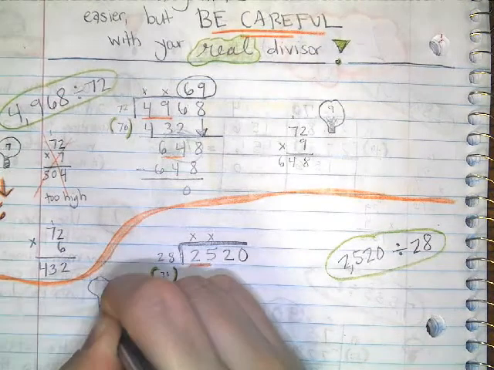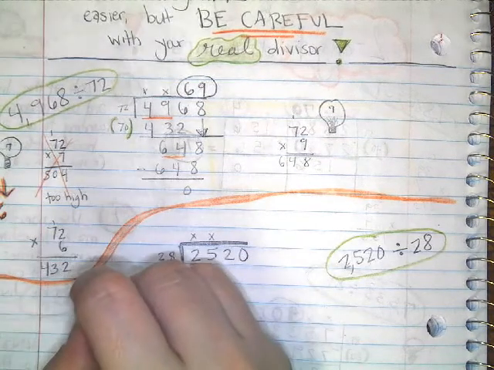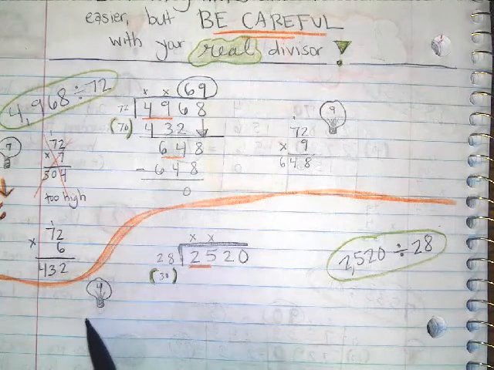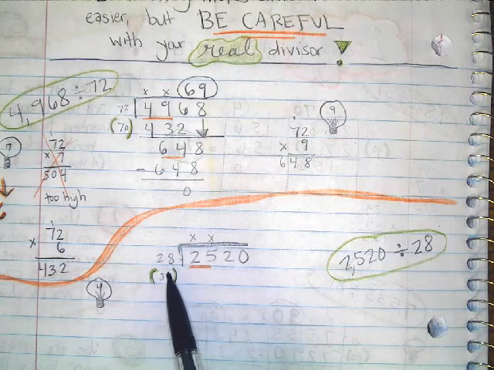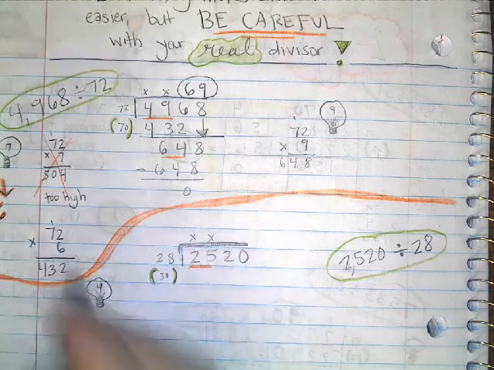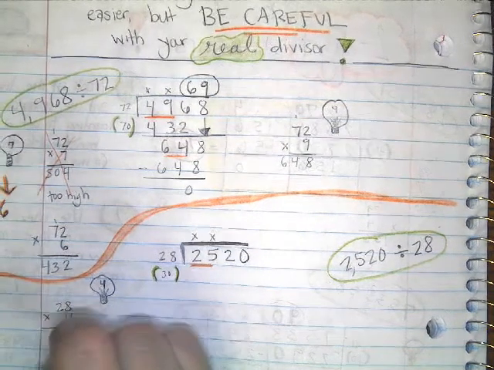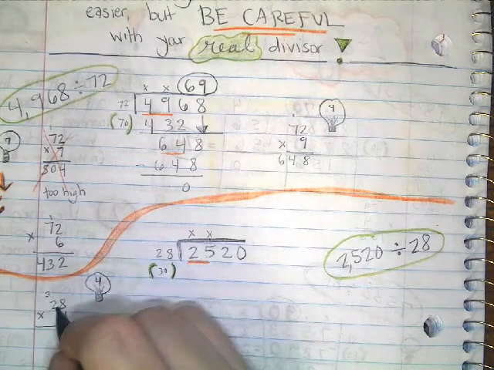Well, let's try it. Let's put a light bulb and try it. Here is the one we're trying. Remember, my light bulbs are just ideas. We're trying a 4. And when we go to try it, remember, we use the original number. So let's use the original number. 28 times 4.